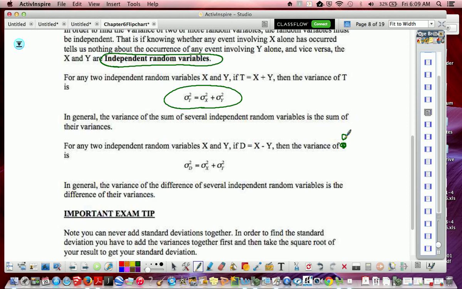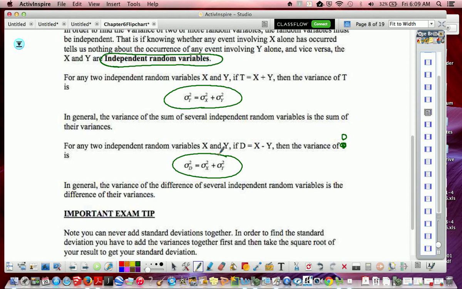When you're taking the difference between two random variables and looking at the variance, it's not subtraction. You are actually putting the two spreads together, so you're technically adding them. You're not actually subtracting them.